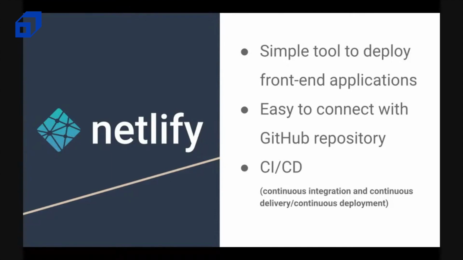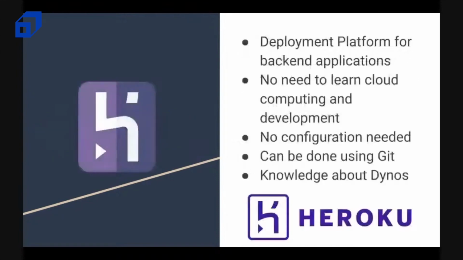The second tool that we would be using is Heroku. Knowing about Heroku, it's a deployment platform. We would be deploying our server and backend application to Heroku itself. There are many more server application cloud platforms like AWS, GCP, DigitalOcean, and much more.